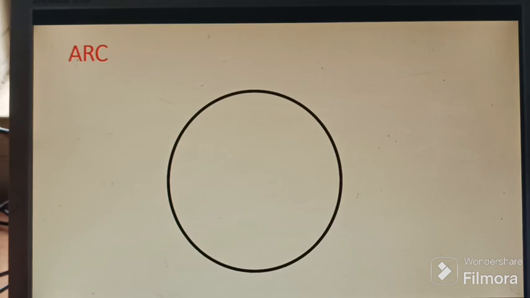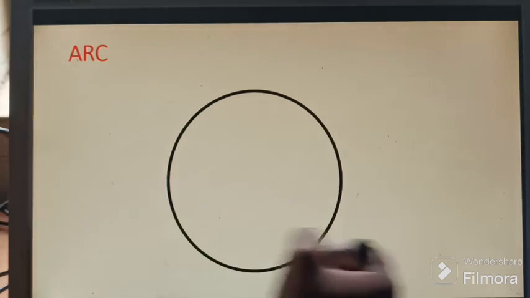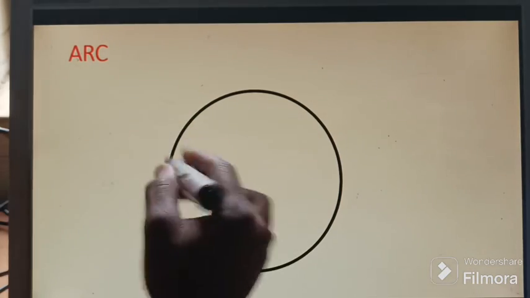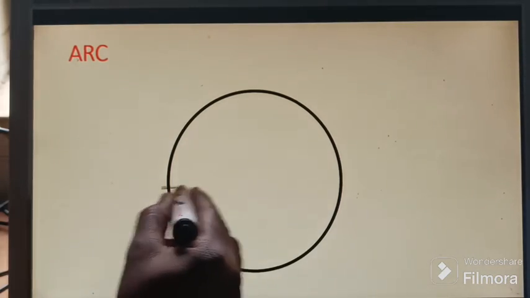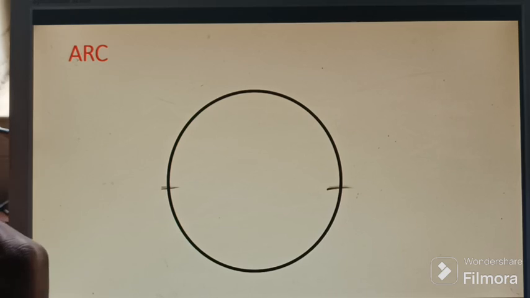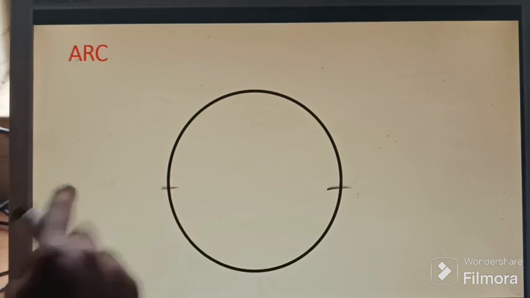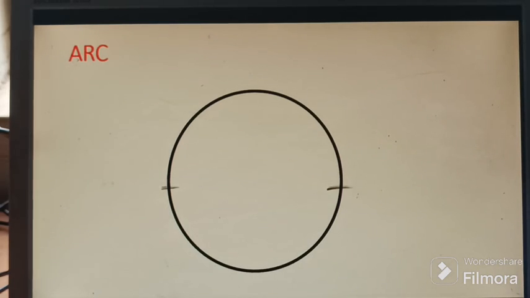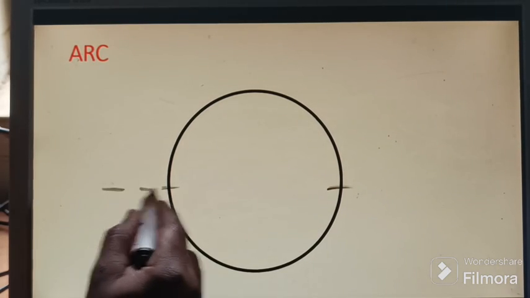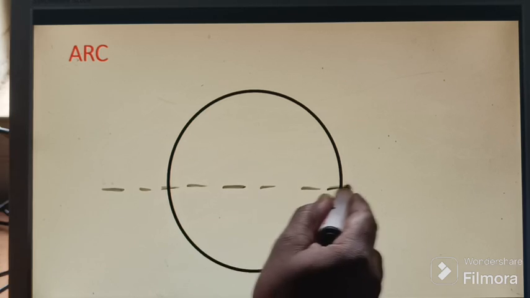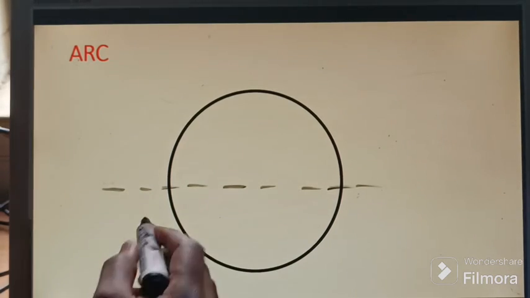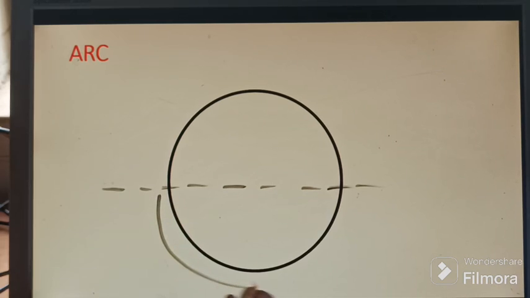Let's start with arc. In brief, we said an arc, this is the arc, is created when we cut the circumference. Let's say we have cut here, and we create two arcs.